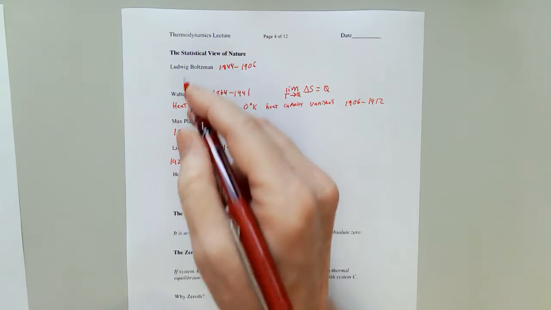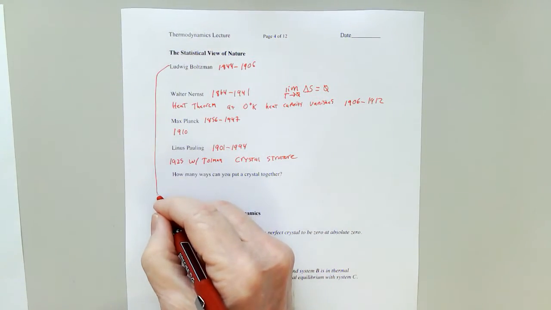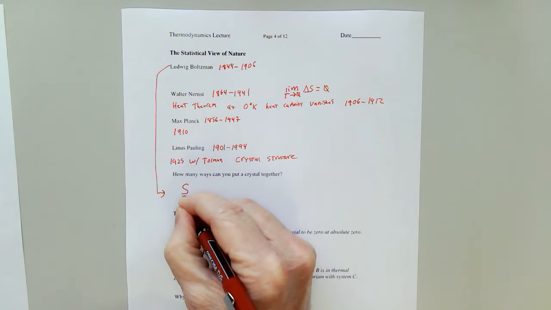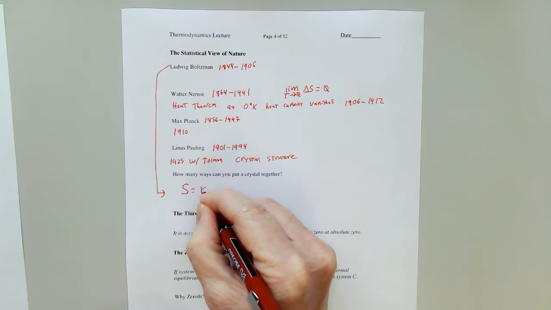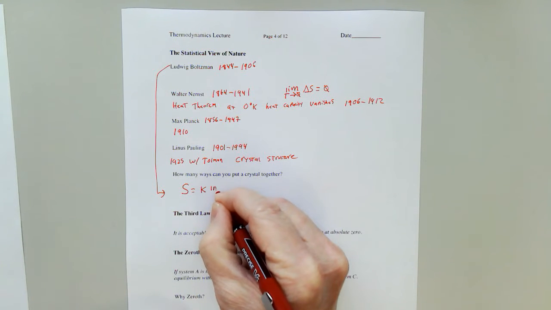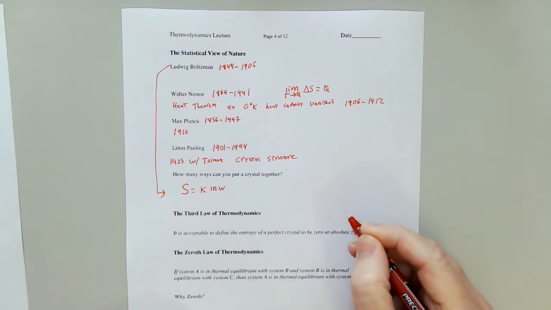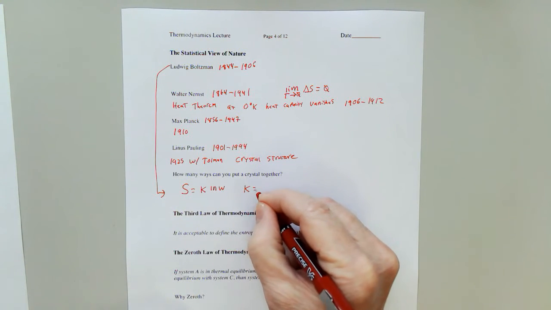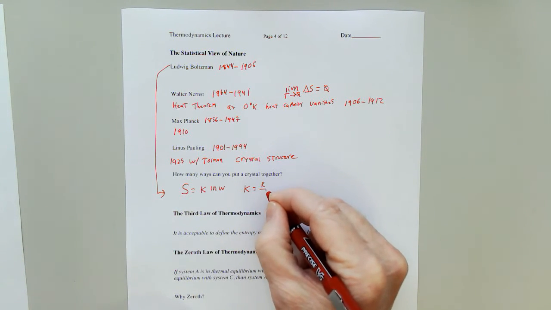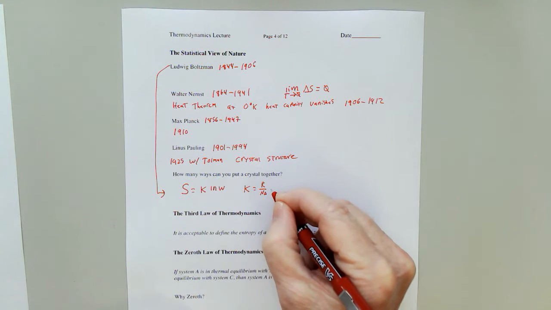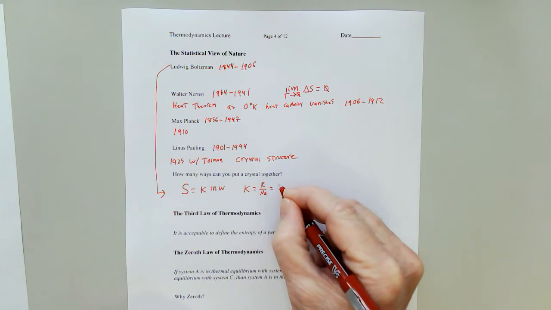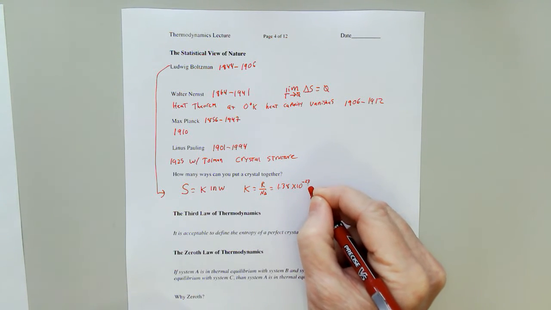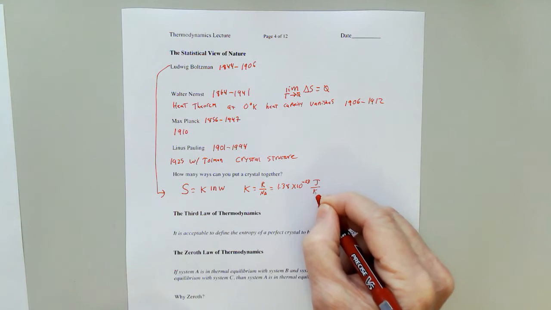Now, Boltzmann's equation is used to calculate entropy, and it says that S equals k times the natural logarithm of W. Now, k is the Boltzmann constant. It's basically just the gas constant R divided by Avogadro's number. And that equals 1.38 times 10 to the negative 23rd joule per Kelvin.